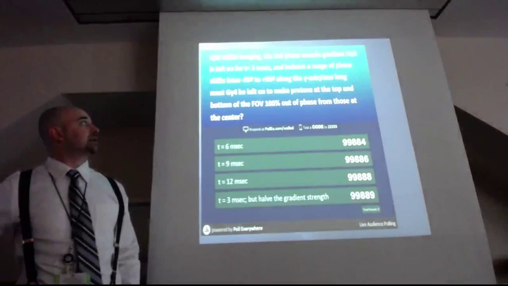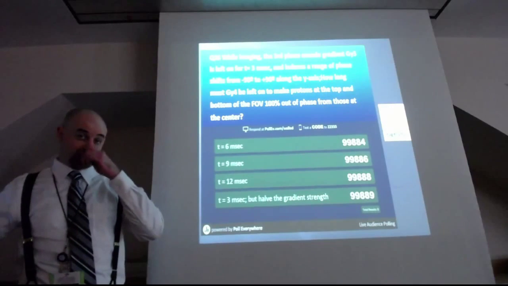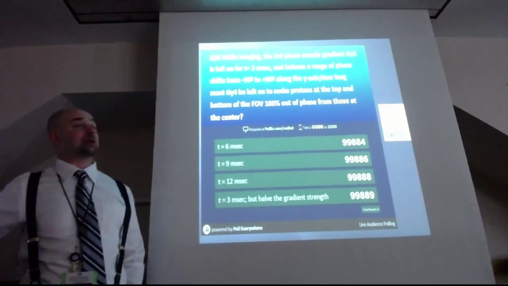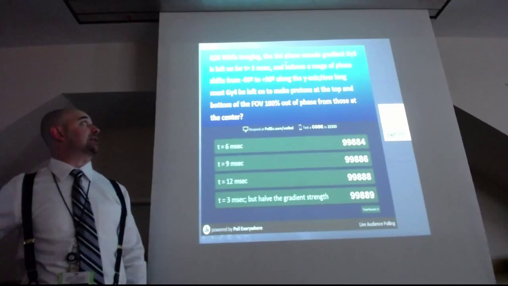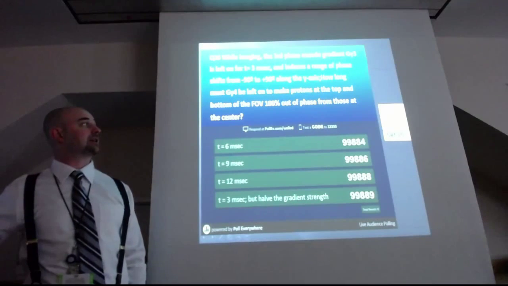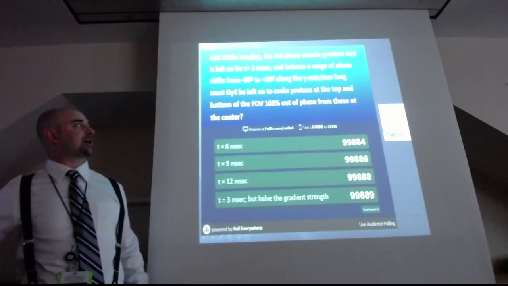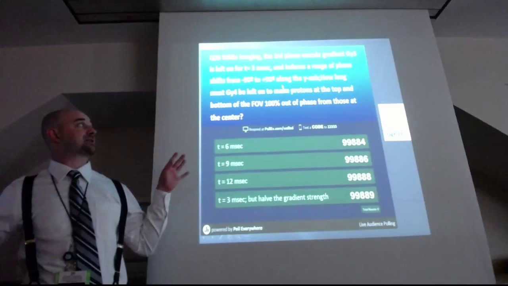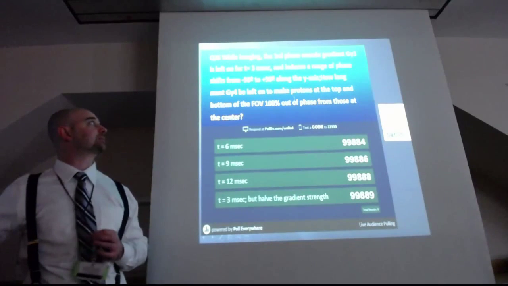Okay. This one's a little tough in terms of its length, and you got to think about it. All right. Let's just say we're doing the third MR experiment. So you're on the third phase encoding gradient, and it looks like this. It's of this strength, and it's left on for 3 milliseconds. This gradient induces phase shifts from -90 to +90 from the bottom to the top of the image along the y-axis.